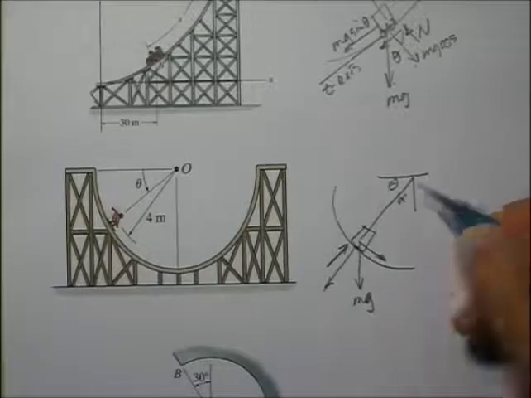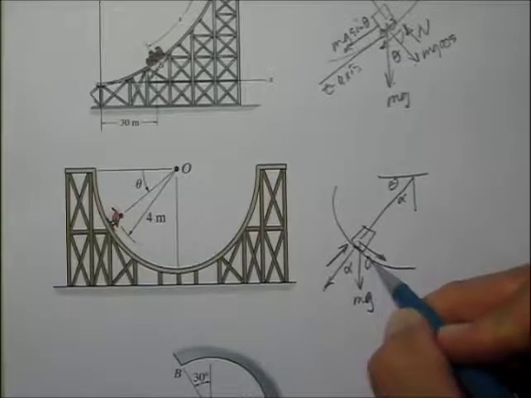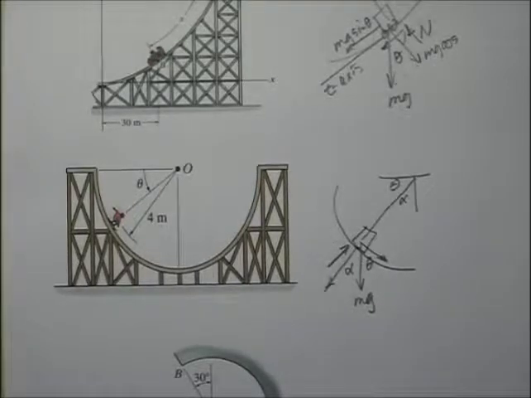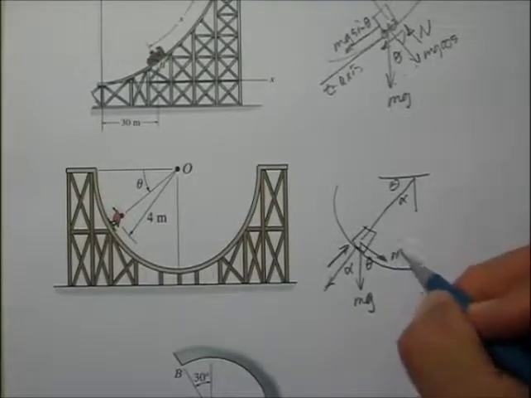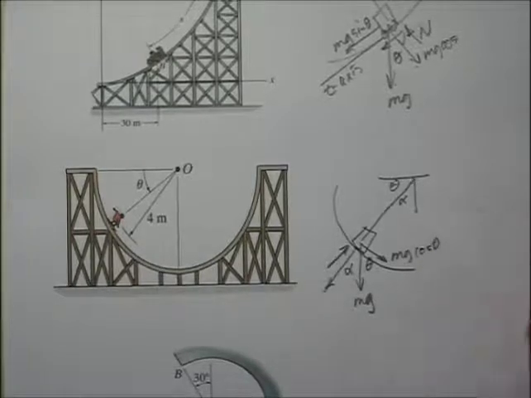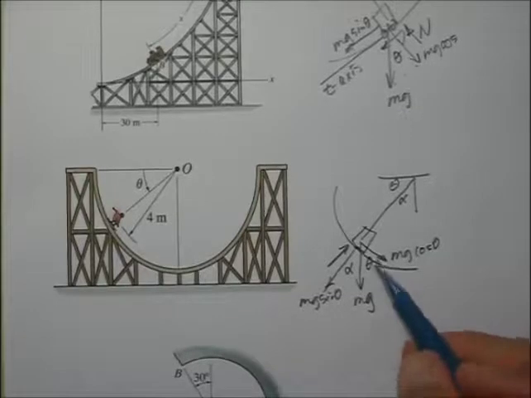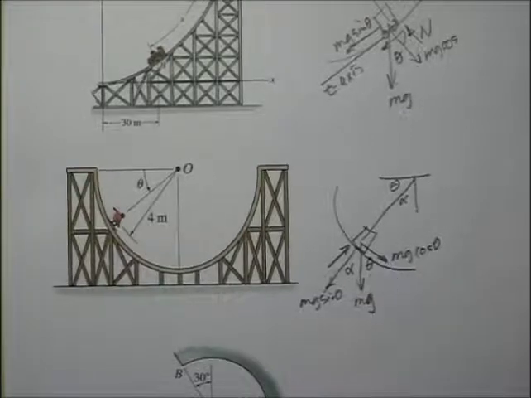So I'm going to call that alpha, which means that that is alpha, which means that that is theta. And again, if the problem expects that you define it in terms of theta, then this is going to be mg cosine theta, and this would be mg sine theta here. Right? The side adjacent would be the cosine.